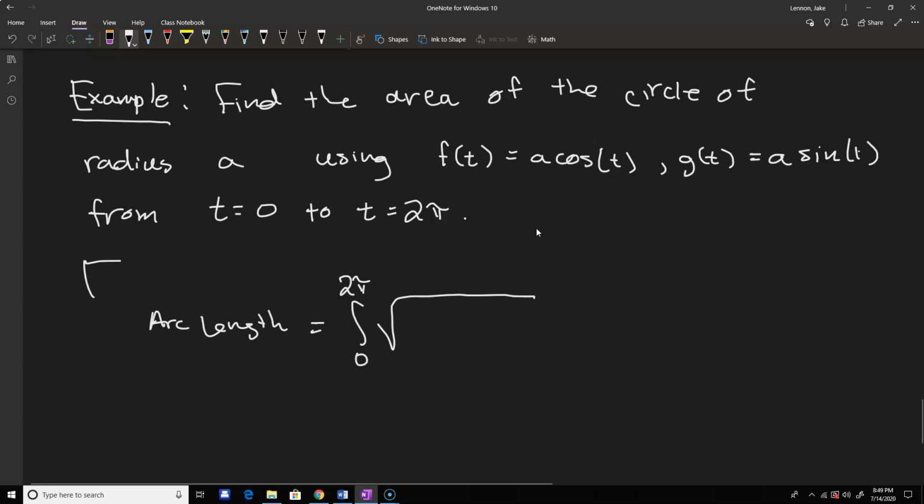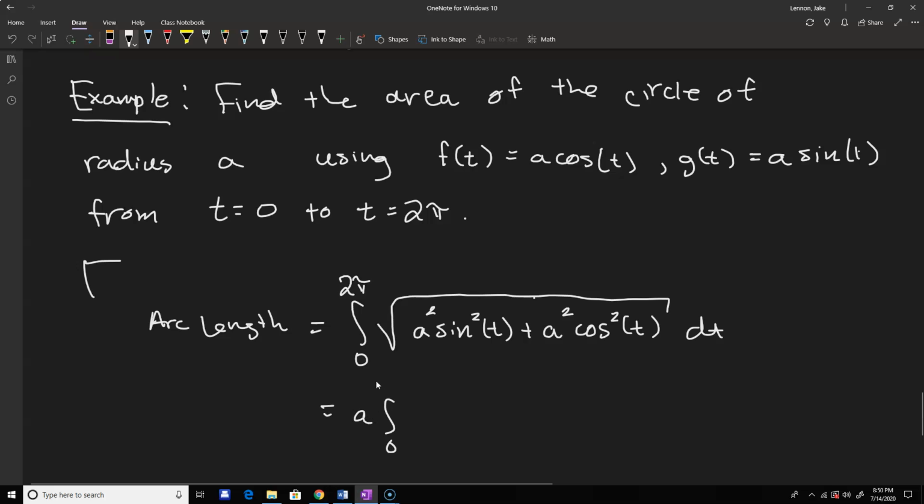The derivative of a cosine t is going to be negative a sine of t, but when you square it, you'll get a squared sine squared t. The negative goes away when you square it. And for the second term, you'll get a squared cosine squared of t. Then you can factor out the a squared. The square root of a squared is a, which we can bring out front.